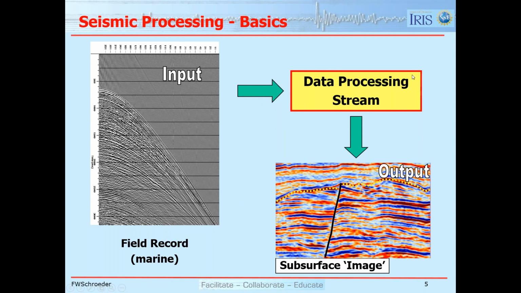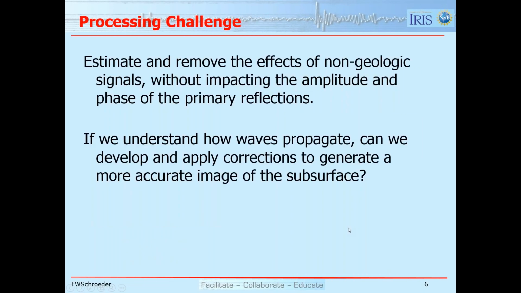We do some processing in the field, either on ships or with land processing crews, but most of the processing is done in big processing centers. And what we hope to get out is images of the subsurface from which we can deduce the geology and hopefully the fluid content of potential reservoirs.